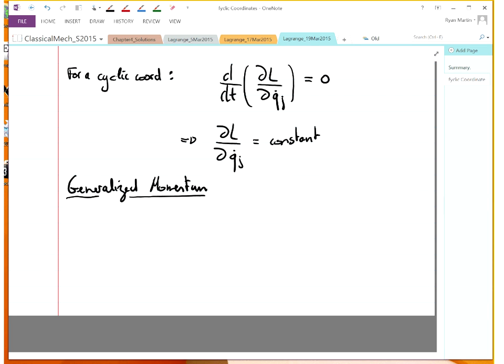Okay. So what is generalized momentum? We define p_i to be ∂L/∂q_i dot. First of all, the generalized momentum is not defined until you know what the Lagrangian is. So you have to write out the Lagrangian to be able to figure out what the generalized momentum is.